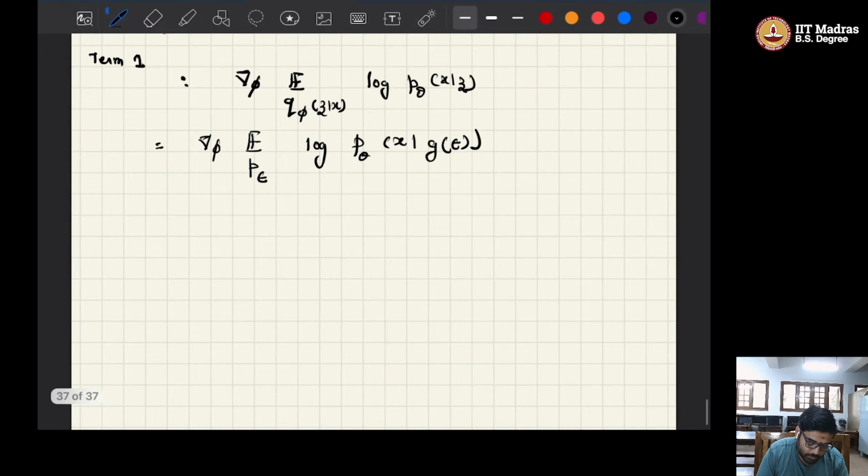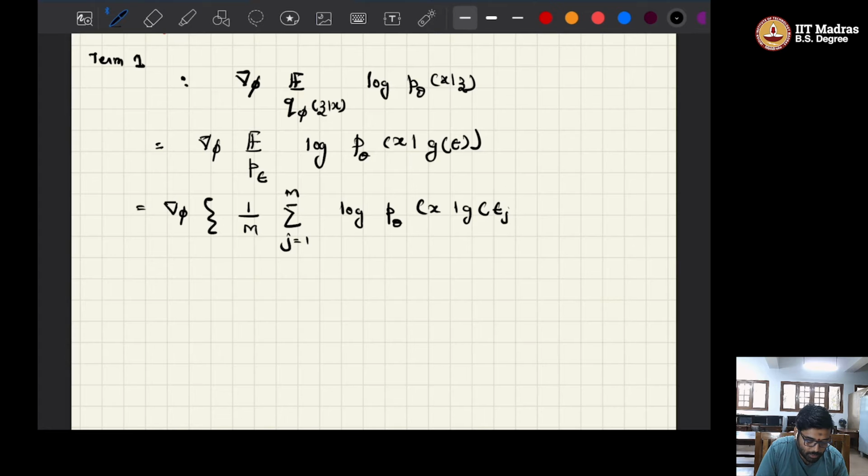Now this can be looked at in terms of expectations. You can write it as some more samples, j equals 1 to m, log of p theta of x given g of epsilon j.